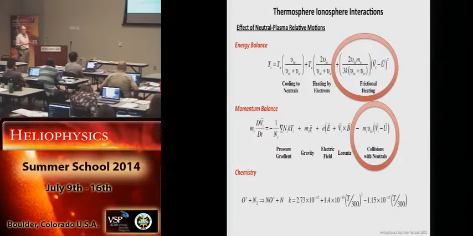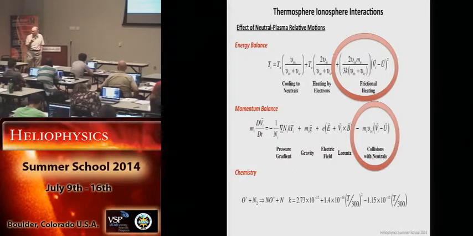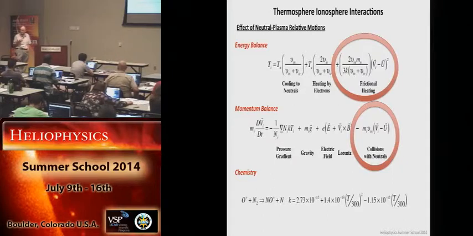This phenomenon is called frictional heating. In addition, this relative ion-neutral velocity exchanges momentum between the ions and the neutrals, such that if the ions want to move at speeds greater than the neutrals, the neutrals impede the motion. And if the ions want to move at velocities that are smaller than the neutrals, then the neutrals apply an additional force to the plasma to try to get it moving.